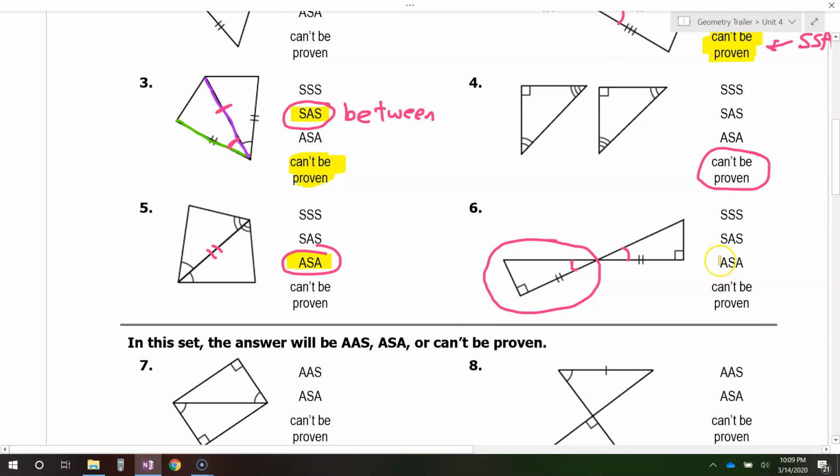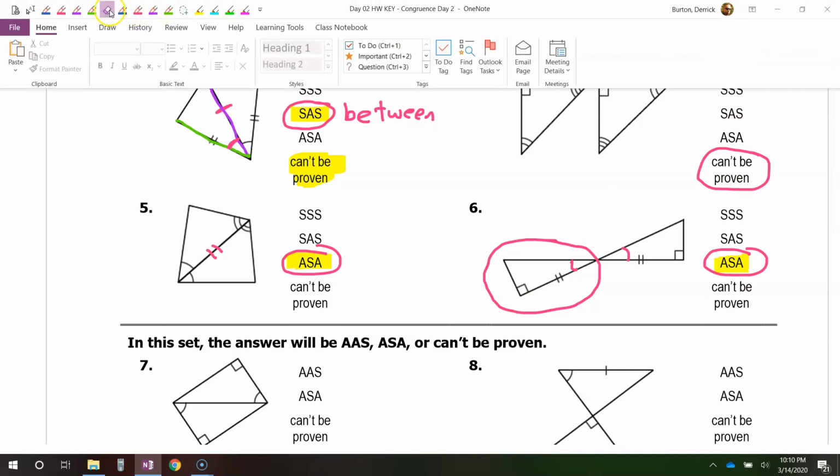This is the only one that has two angles and a side. So once again, I know that this is going to be the answer. But again, notice that the side has to be between the angles, and this side, see the double mark? It is between the two angles that we have marked. So it does make sense.